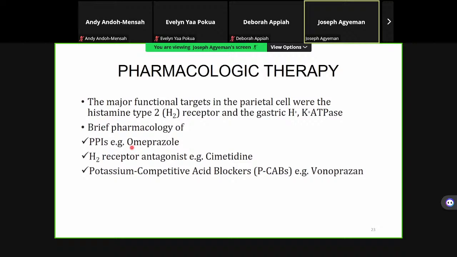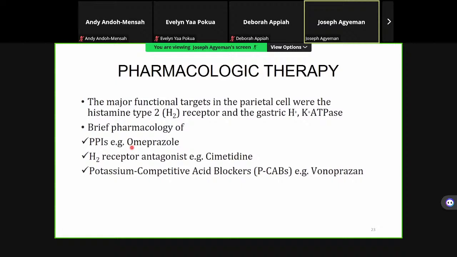The enzyme is a peptide, so it contains amino acids connected to each other. One of them is cysteine. The drugs will form bonds with the cysteine residues, disulfide linkages that are covalently bonded. This is clinically irreversible, and for that matter, the blockade of acid secretion is clinically irreversible.